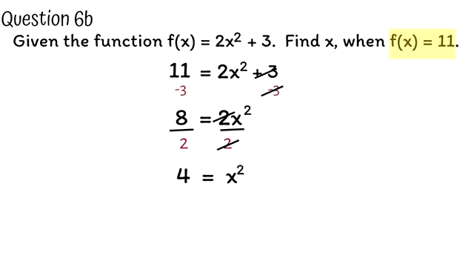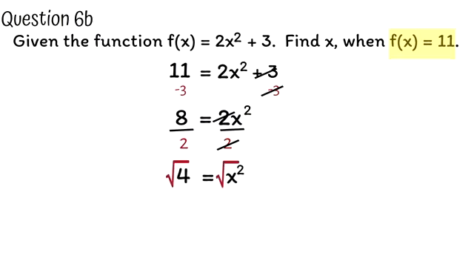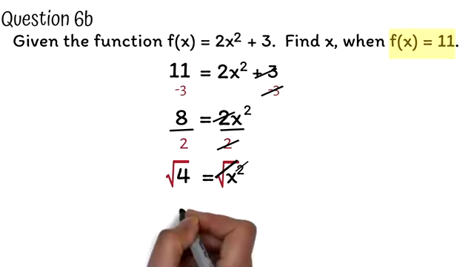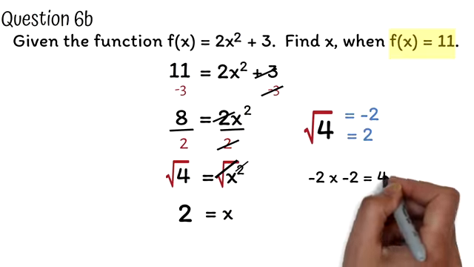Finally, to get the x by itself, we will find the square root of both sides. The square root will cancel the squared. Square root of 4 is 2. In a lower level math class, you can say that x equals 2 and you are done. In actual sense, square root of 4 can be negative 2 or 2. This is because negative 2 times negative 2 is 4.